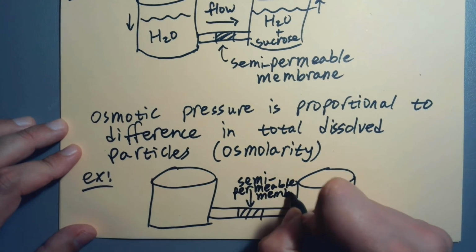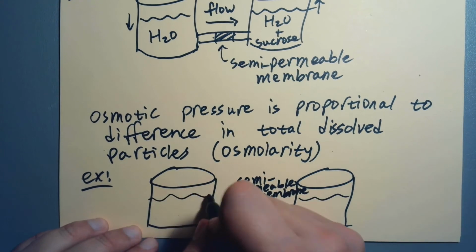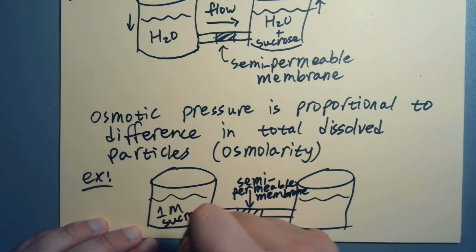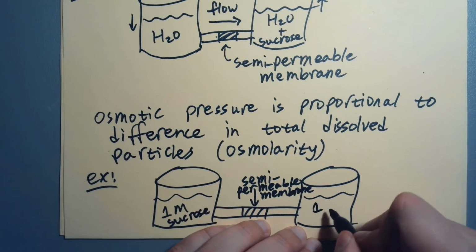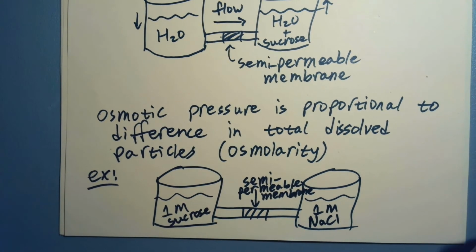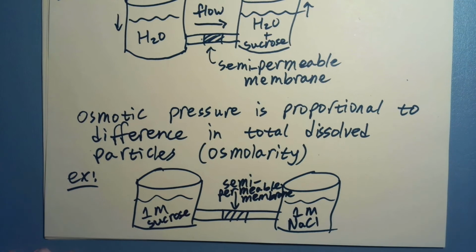How do you know? Postmodern arrow pointillism. We got a solution here. Here, let's say this is 1 molar sucrose. This is 1 molar NaCl. Is there going to be osmotic pressure? Is there going to be an uneven solvent flow? Now the answer is yes.